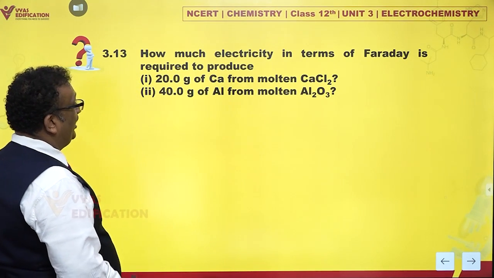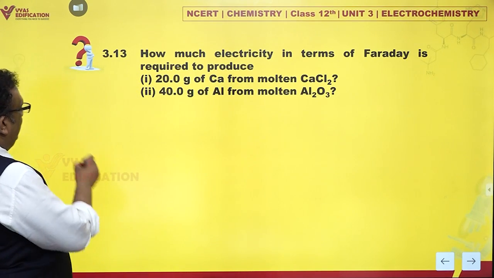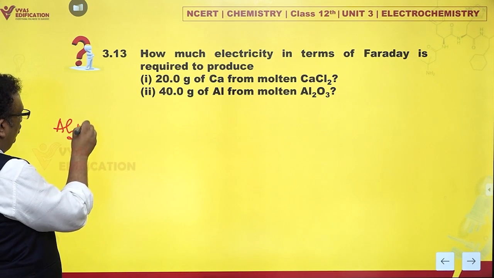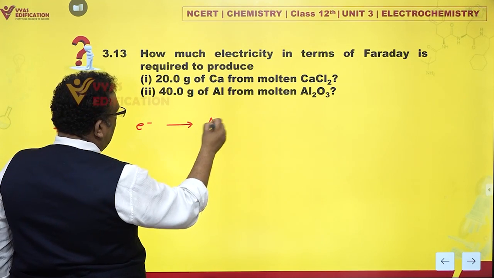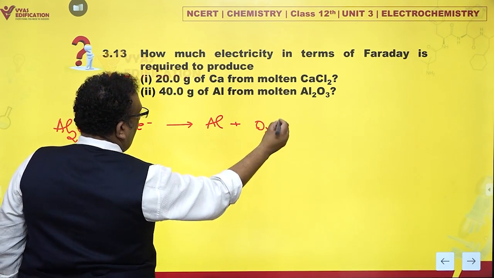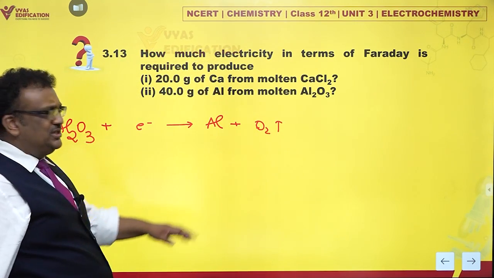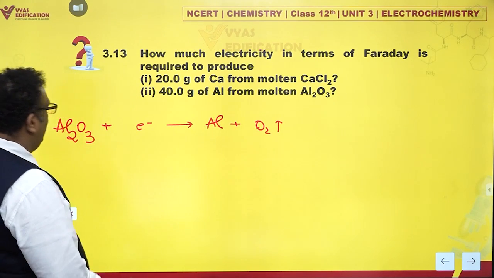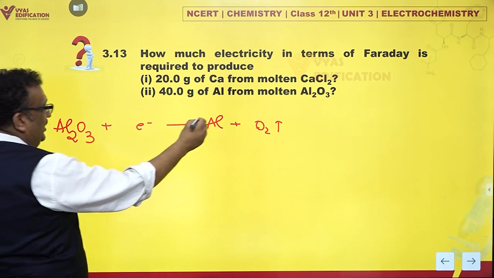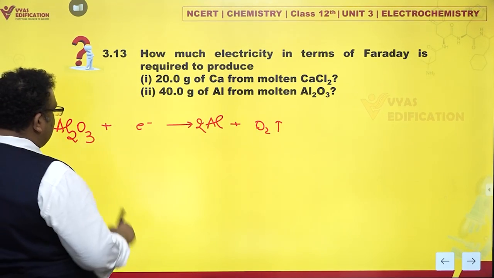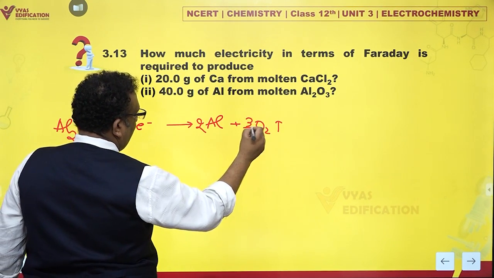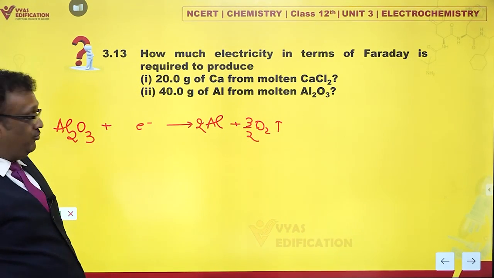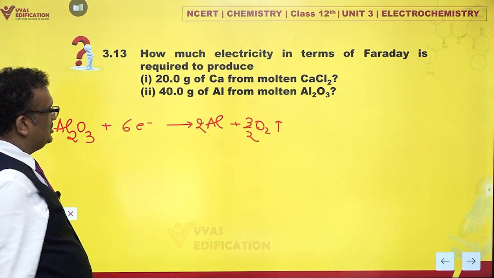It says 40 grams of aluminium from molten aluminium oxide. So you have Al2O3 and you're using electrons and you're making aluminium and O2. Let's forget about oxygen. We are taking aluminium. There are 2 aluminium atoms, and there would be 6 electrons.